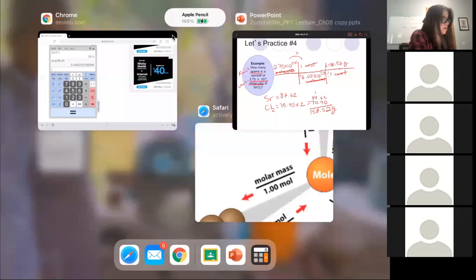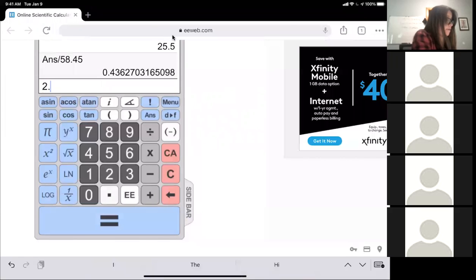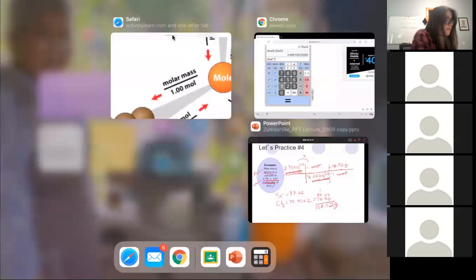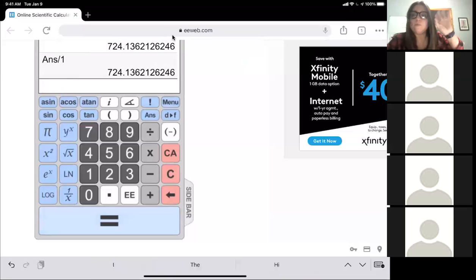So in your calculator, 2.75 e to the 24 times 1 divided by 6.02 e to the 23 equals, times the molar mass 158.52, equals, divided by 1.